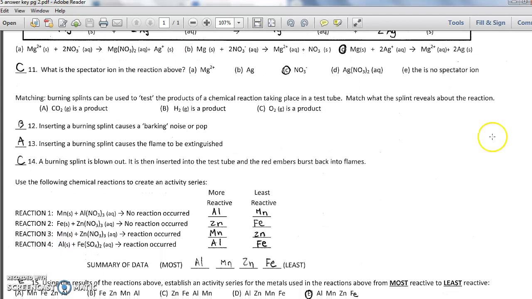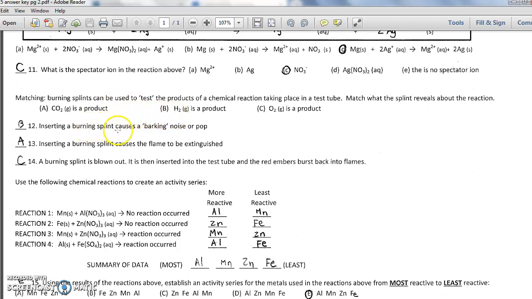Here we're looking at some things that we learned throughout our experiments. We learned in the decomposition reaction that if a splint goes out when you insert it in a reaction producing carbon dioxide, the splint will go out.